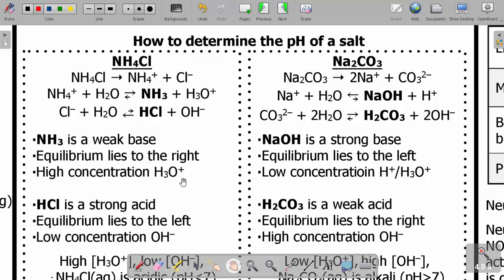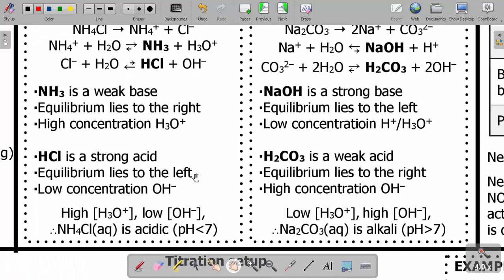Okay, and then so for that matter, it means our HCl is a strong acid, and then equilibrium lies to the left. Okay, so we have a low concentration of what? OH ions, and then we have a high concentration of hydronium ions and a low of OH ions. So for that matter, it means that this salt, which is ammonium chloride, is acidic, and hence the pH is less than 7.